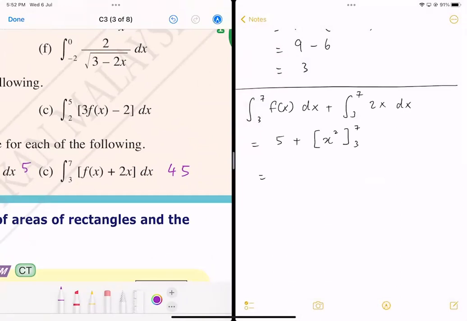So you get 5 plus 7 squared minus 3 squared. 49 minus 9, 40. 45, right?